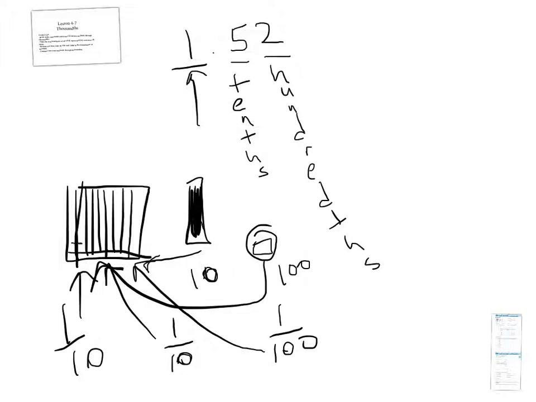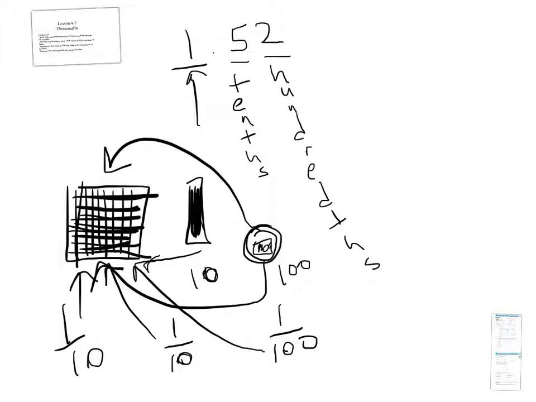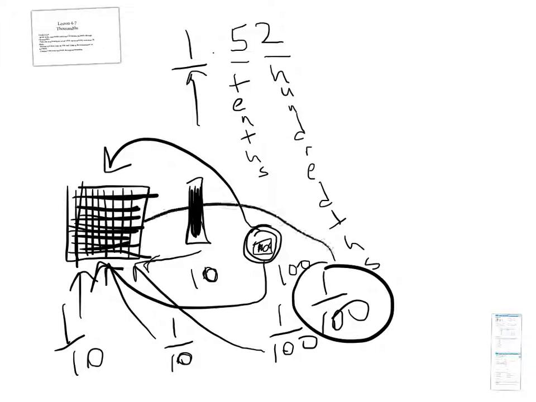And when you separate it, just for an example, you have 100 of these in here, so just one of these represents 1 out of the 100 needed to make a whole one of the flats. So the tenths and the hundredths are all based on making the 1, or the whole, being the flat.